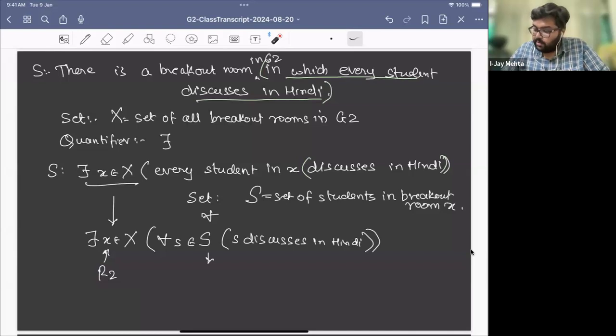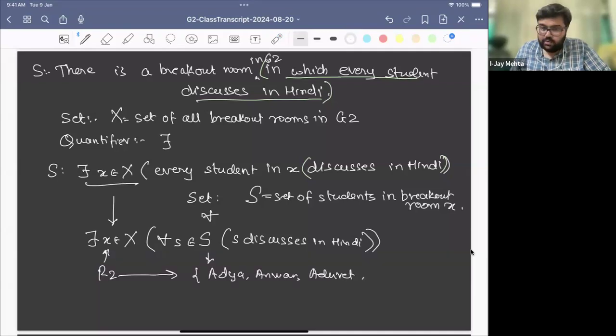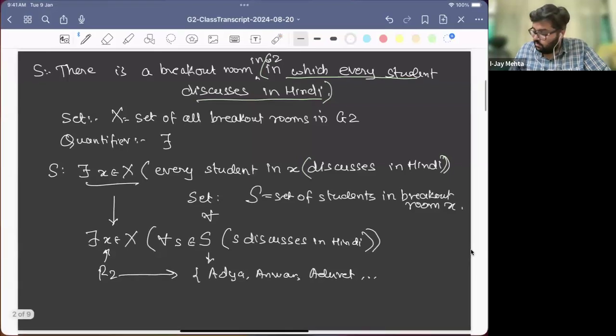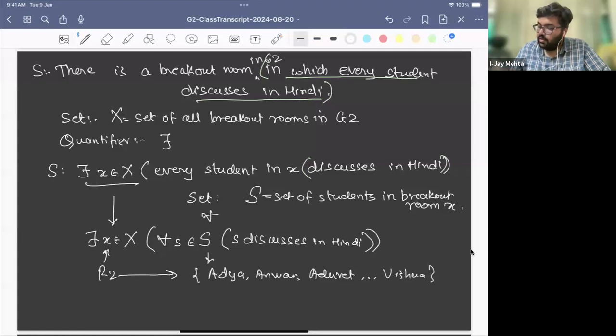Okay, only R2. Palak, you are not in room number 2. So, okay, this set is what? Now I've chosen X. So, set of students in room number 2. So, I'll have Adya, Anwar, Aduvait, right? And all the students in room number 2. So, Vishwa is there at the end. Okay, so all the students are there.